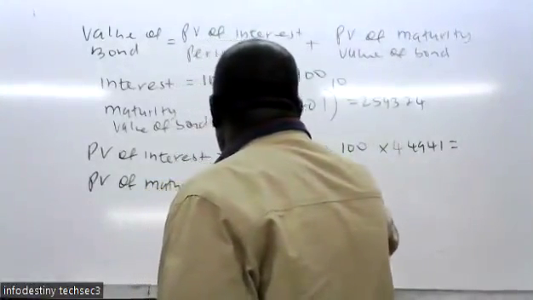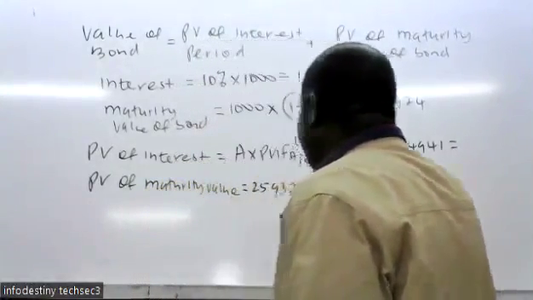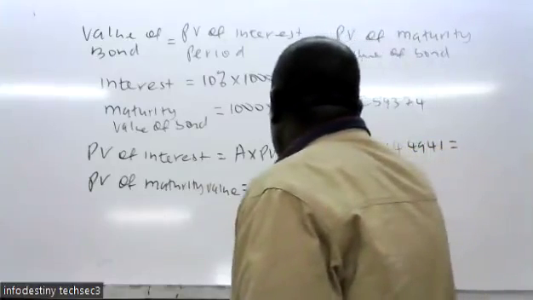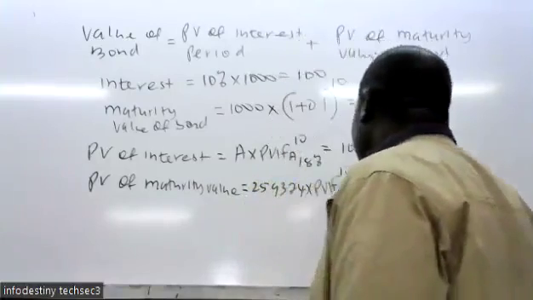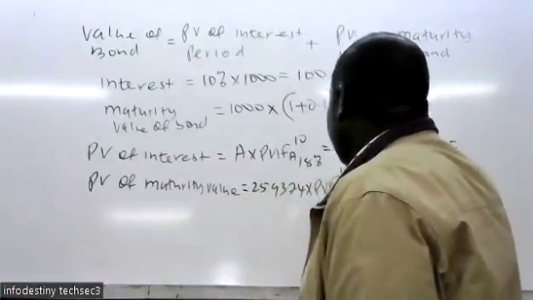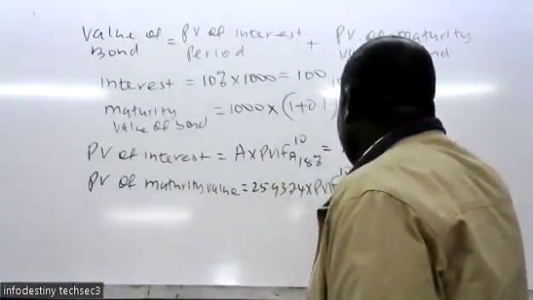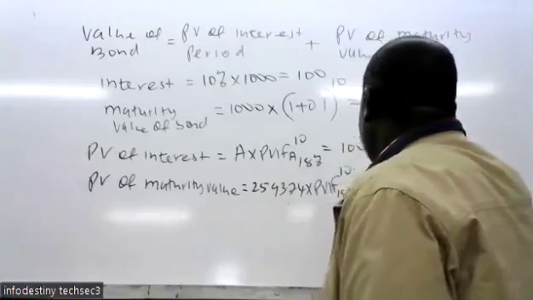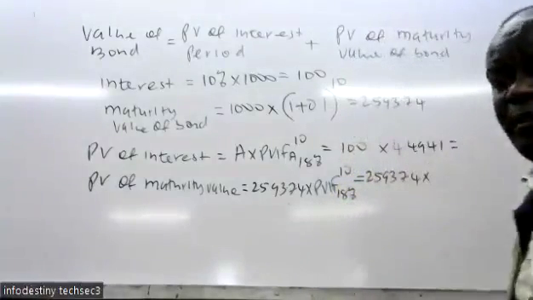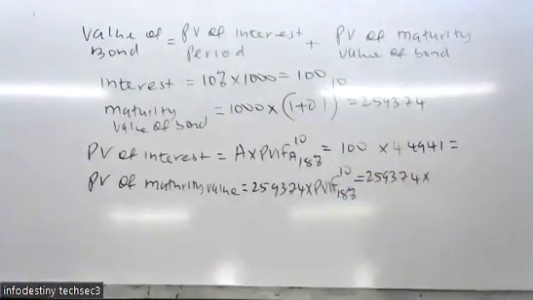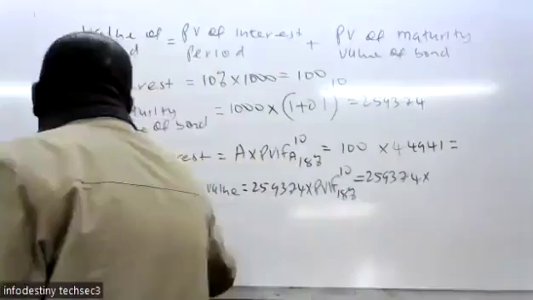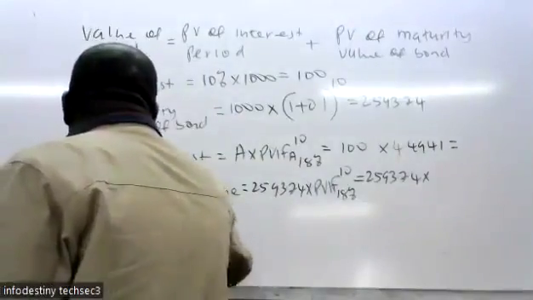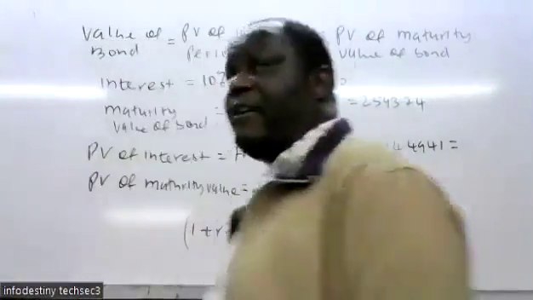2593.74. So we discount it at the present value interest factor. So this one we use the first table, 18%. So you simply take 2593.74. So also that figure is not in the table. When you are calculating for the first table, I showed you it is 1 plus r raised to the power of -n.